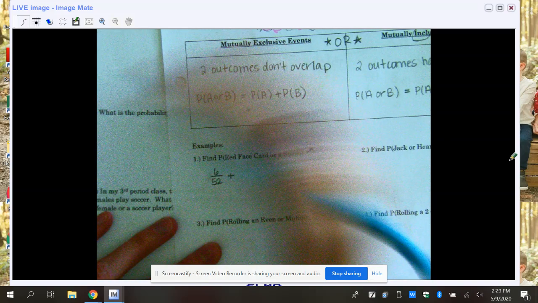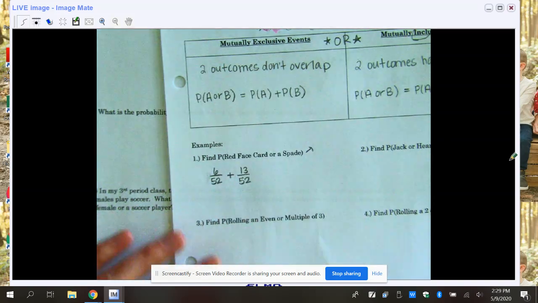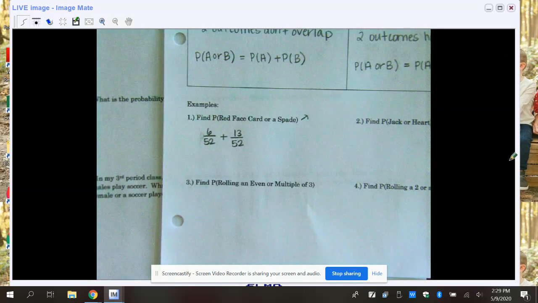And then there are 13 spades out of 52. There's not going to be an overlap because since spades are black, you're not going to have any red face cards in that black suit. Now, when we multiplied the other day, I mentioned that it might be more helpful to simplify your fractions first to keep those denominators down.